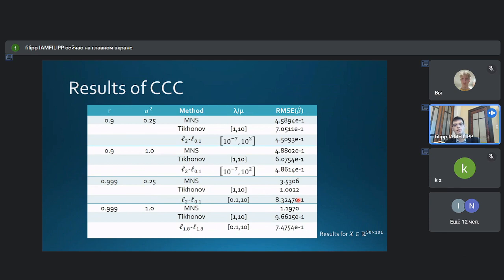We may see that sometimes for P equals Q equals 2, the problem reduces to Tikhonov regularization. That doesn't always happen. However, it can be close.